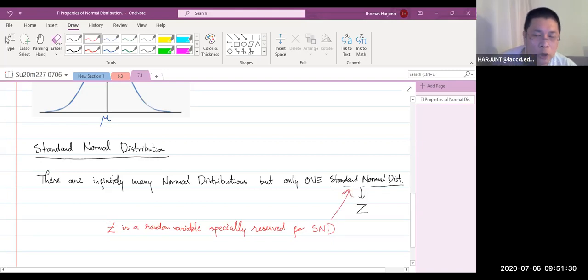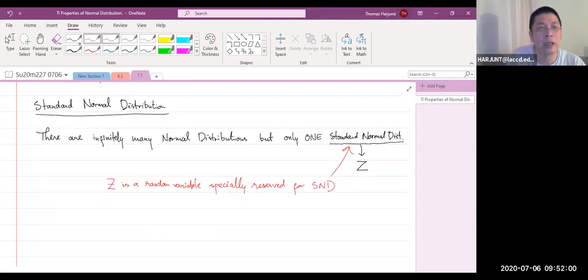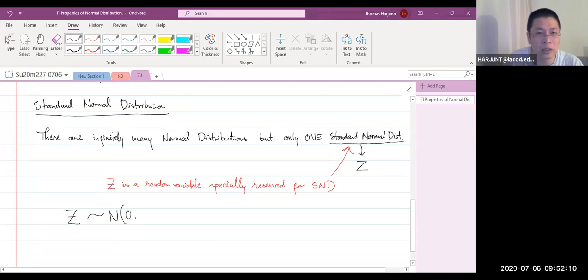If it is not a standard normal distribution, do not use capital Z. You still use X for any normal distribution, Poisson, binomial, hypergeometric, geometric, exponential, beta distribution, gamma distribution, a lot of other distributions. But once it is standard normal, you use capital Z. So we can say Z is normally distributed, denoted N, with mean 0 and variance 1.